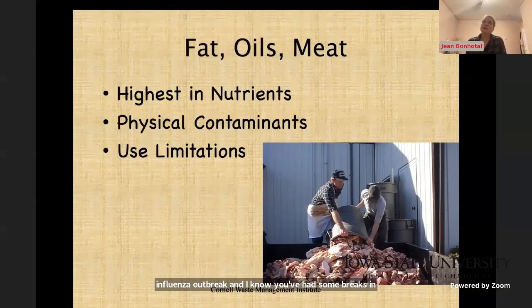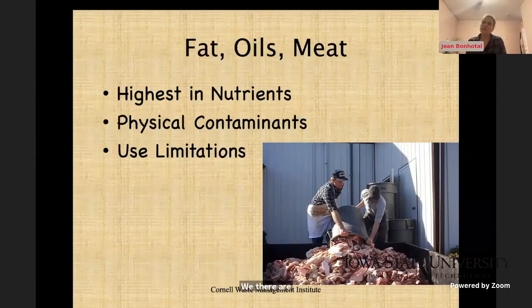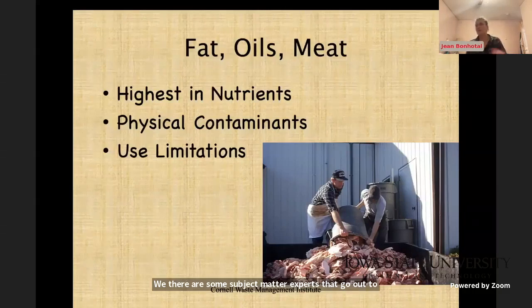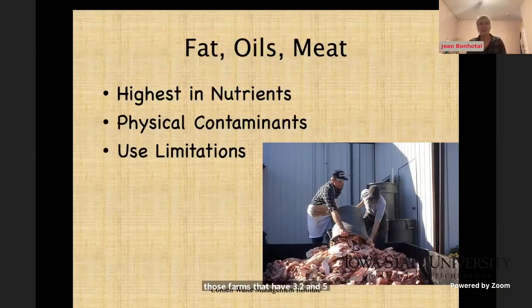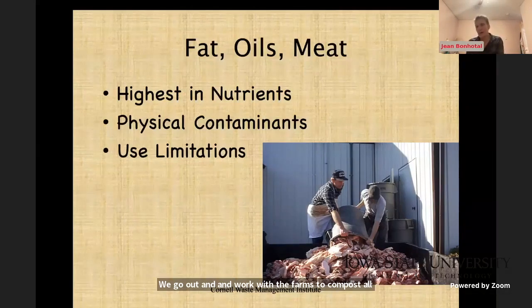There are subject matter experts that go out to those farms that have 3.2 and 5 million birds that have to be disposed of. We go out and work with the farms to compost all of those. The eggs, the meat, the manure, and the feed all have to be managed.